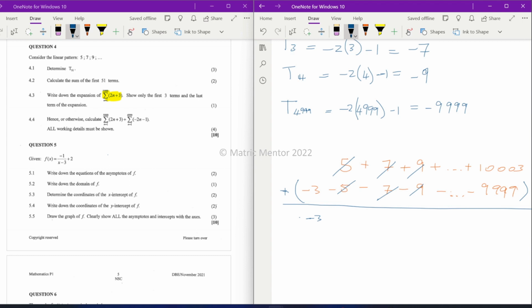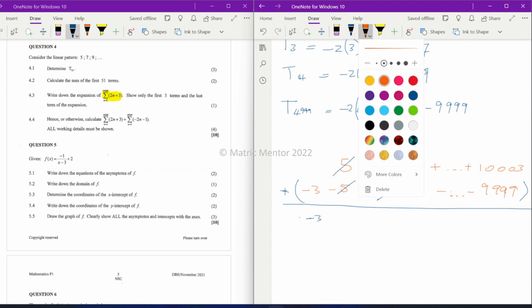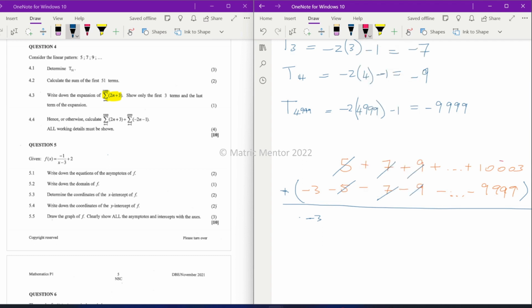But the top goes up to 10,003, and this one goes up to 9,999. If we subtract 2 from 10,003, we get 10,001. So if we find the second last term of this series on top here, it will be 10,001, and then the term before that would be 9,999.